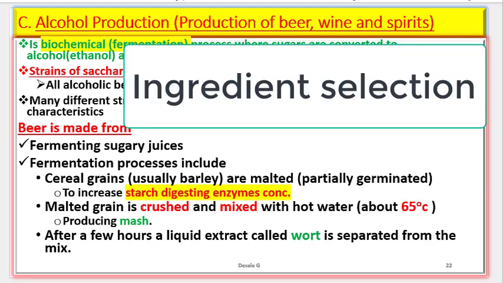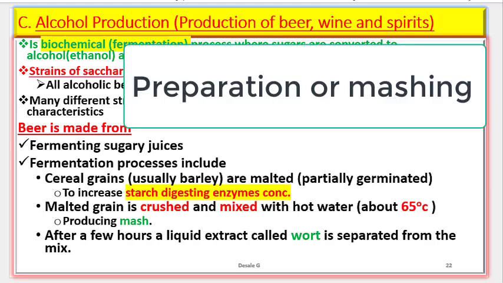The first step here is ingredient selection. In this ingredient selection, sugar-containing foodstuff and yeast cells are the main ingredients that are required in this first step. The second step here is preparation or mashing. That means milling.